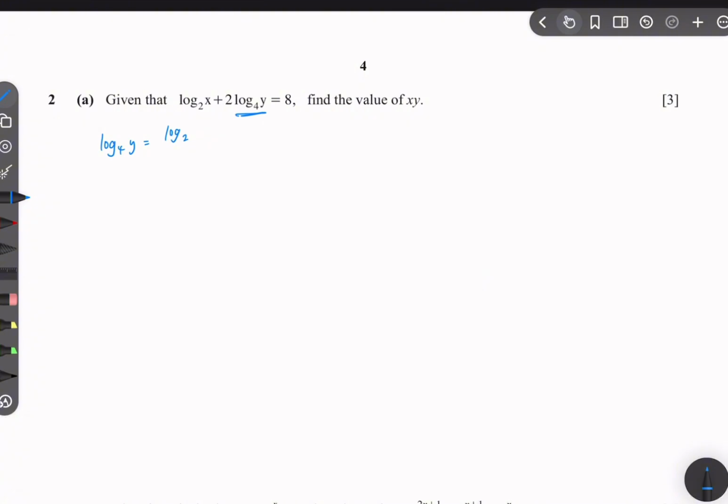So we write log base 2, because base 2 is the base that we want to change to, and then we write this part of the log, and then once again log base 2, and now we write this part.